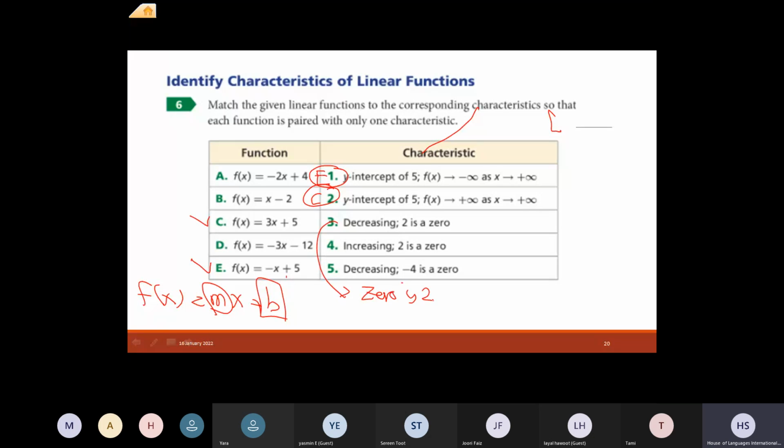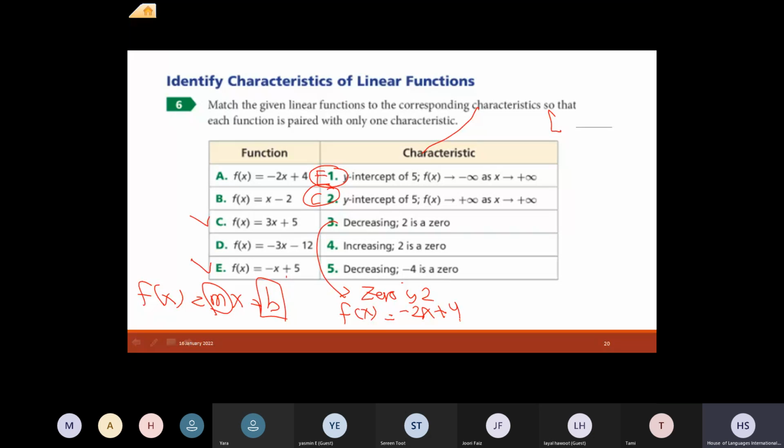How can I find the 0 of the function from the function? Yes, bravo. I will say that f of x equals negative 2x plus 4. So what do I mean by the 0 of the function? The x-intercept. What do I mean by the x-intercept? The y is what? 0.